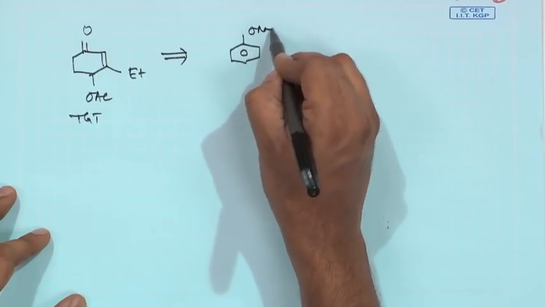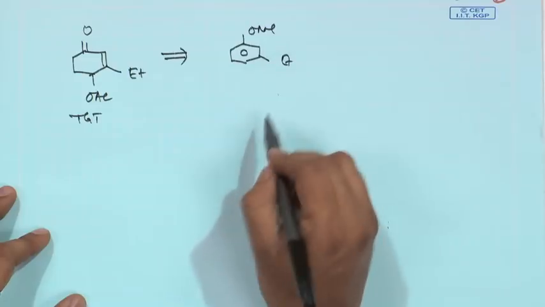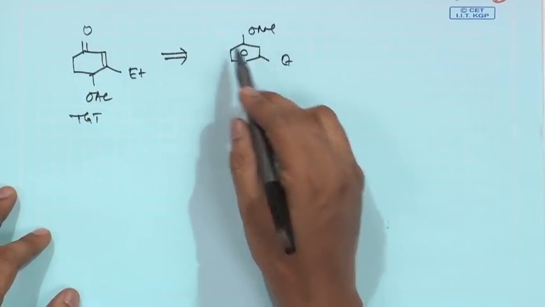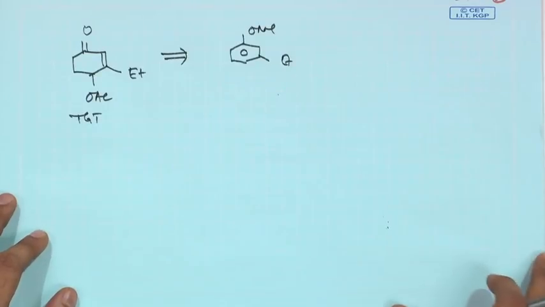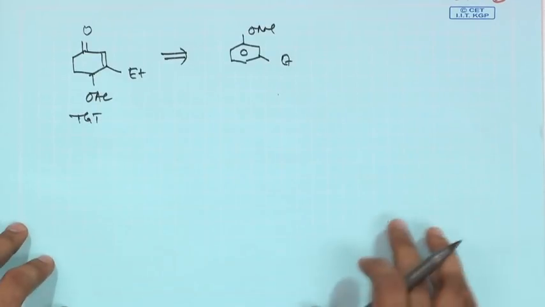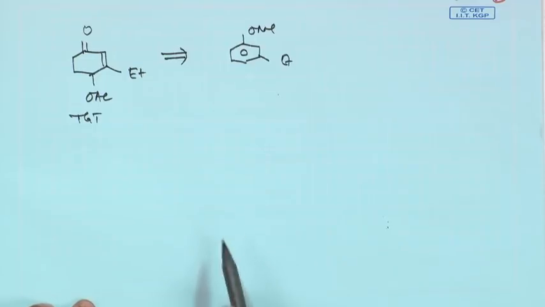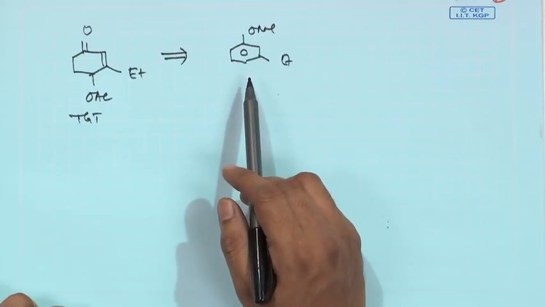You are having an aromatic hydrocarbon, this 3-ethyl anisole or 3-ethyl methoxybenzene. So, this was the starting material which was given to you.